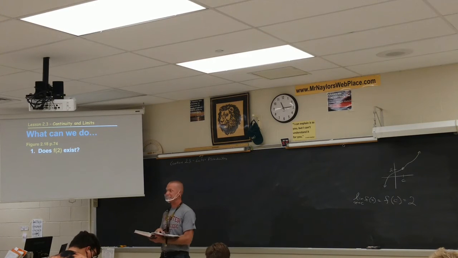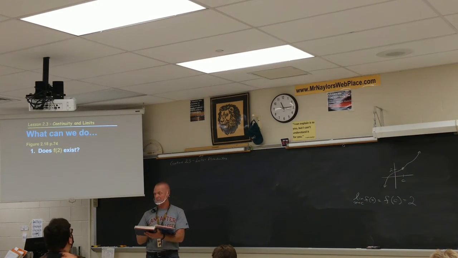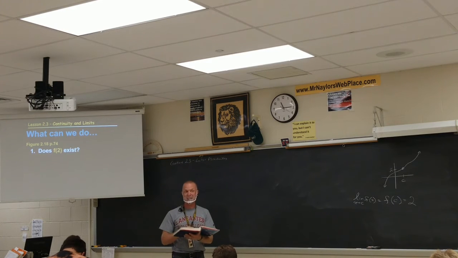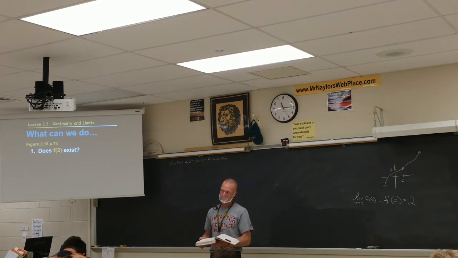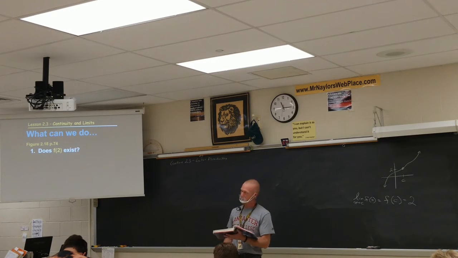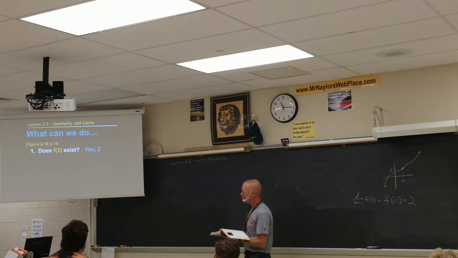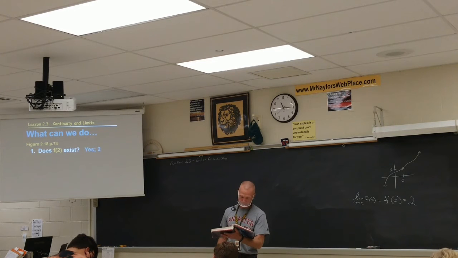Does f of 2 exist? Now, f of 2 would have to be the value at, or excuse me, at x equals 2. The value. Are you looking at that little point that's sort of up above the graph, that little point? Okay, that's the value. So that would be a yes, and its value is y equals 2.